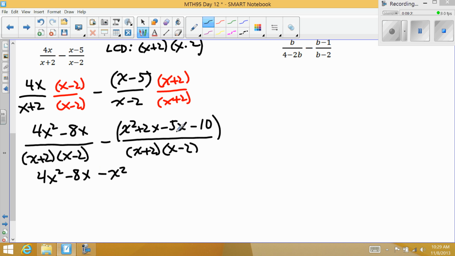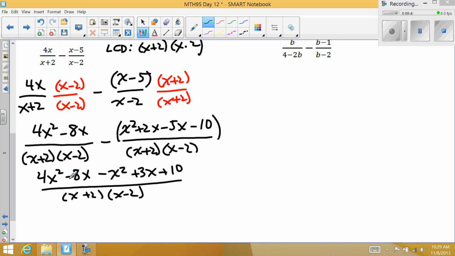The 2x subtract 5x is a negative 3x. But I'm subtracting that negative 3x, so I get a plus 3x here. And then I'm subtracting the subtract 10, so I get a plus 10 here, all over my LCD of x plus 2, x subtract 2.